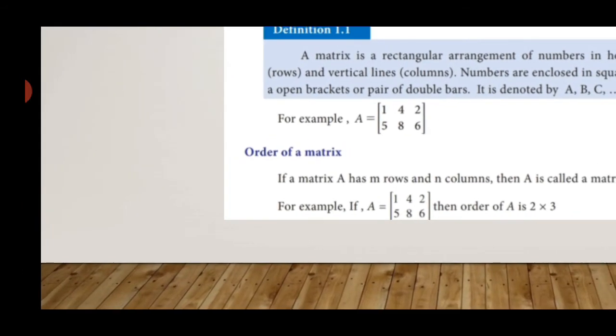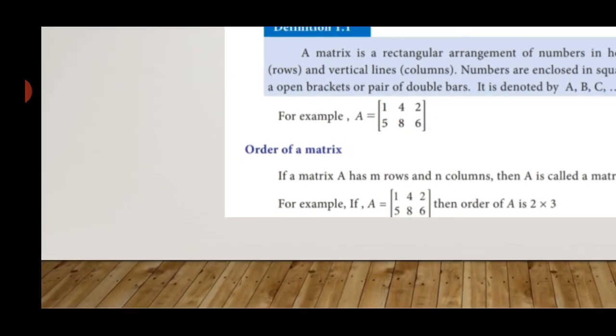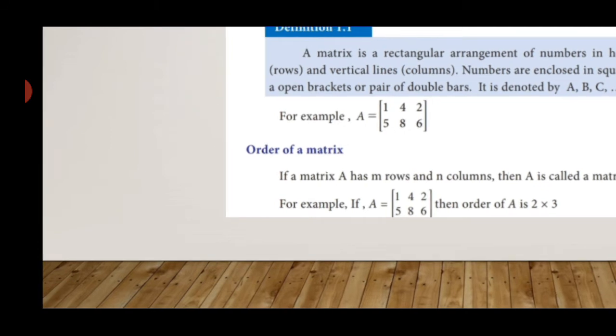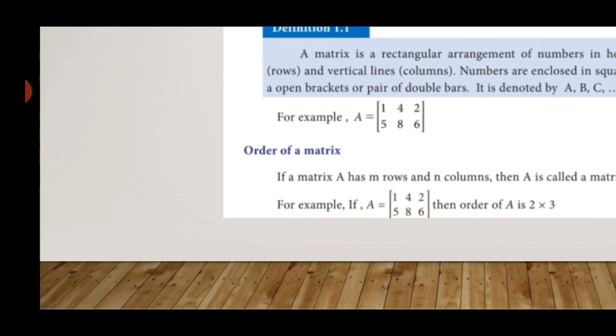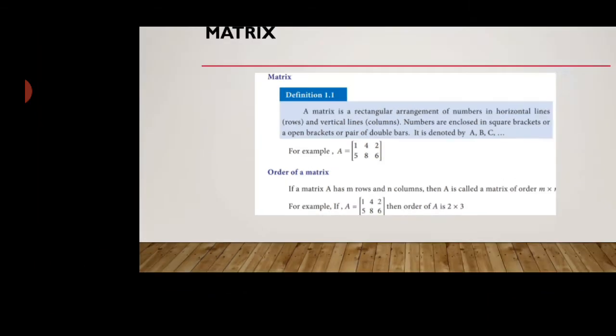In this matrix A you can see two horizontal rows and three columns. So therefore the order of A is 2 cross 3. Here 2 is the rows and 3 is the columns. Always you have to write the number of rows first, then the number of columns second. So 2 cross 3.